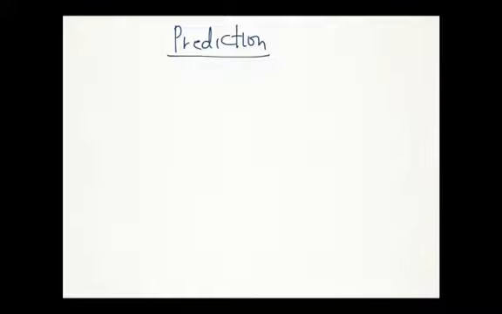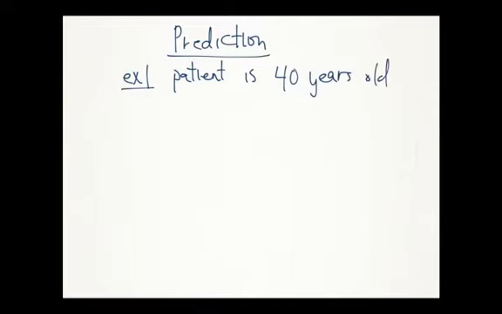Using the regression equation, we can predict the BPF for patients with specific age values. Okay? So let's take an example. Suppose a patient is 40 years old. We can plug that into our regression equation to get a predicted BPF for that patient.